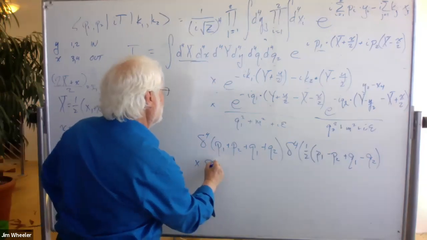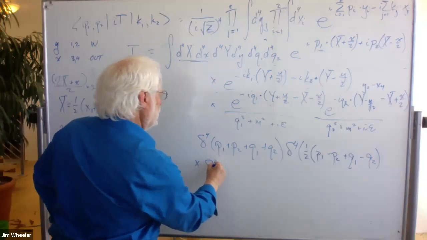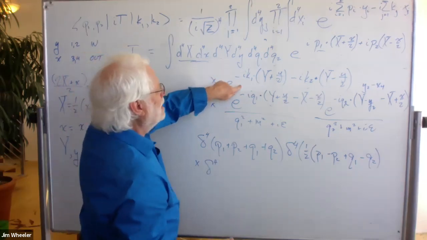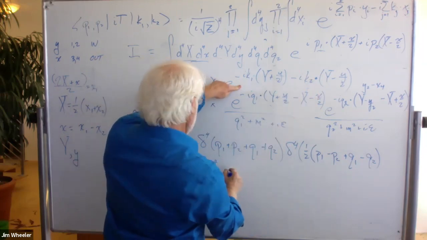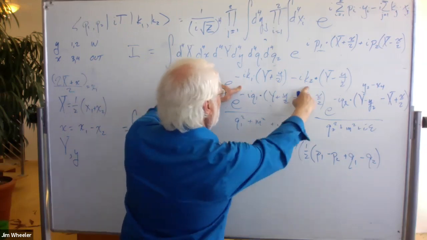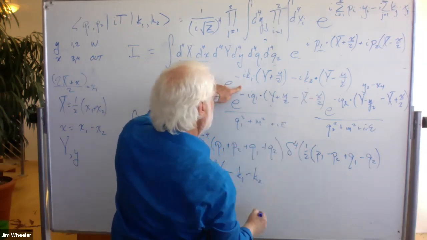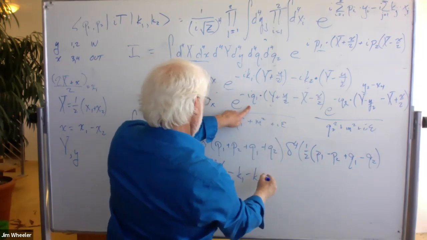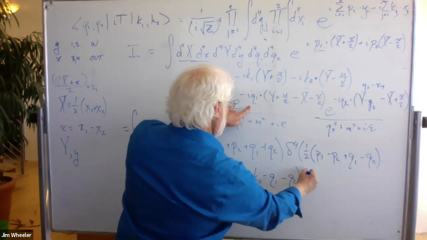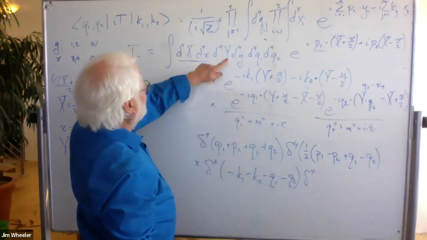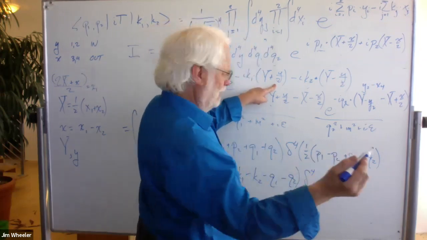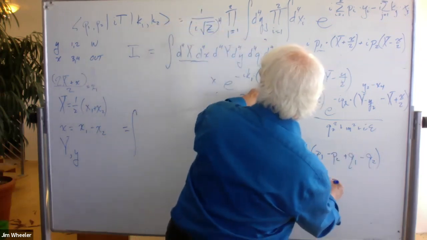Let me try it. Del 4. Capital Y is going to give me minus K1, minus K2, minus Q1, minus Q2. And the little y is going to give me, I hope this is right, but let's see.